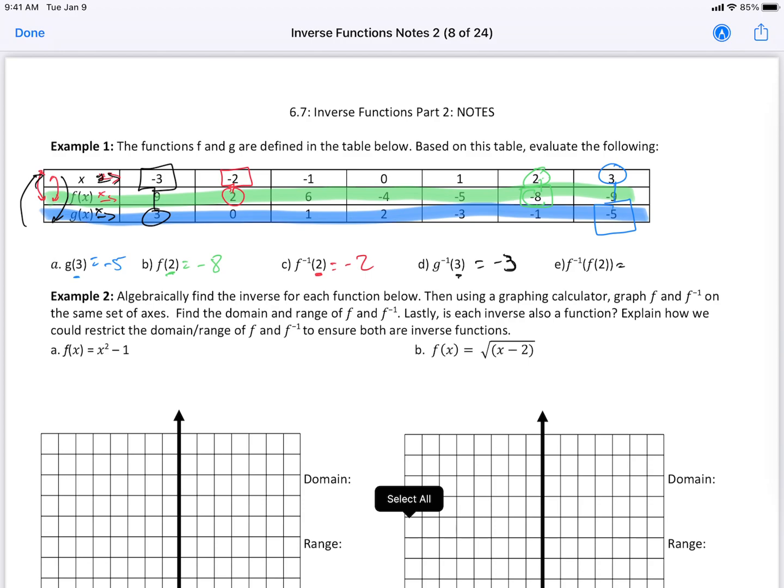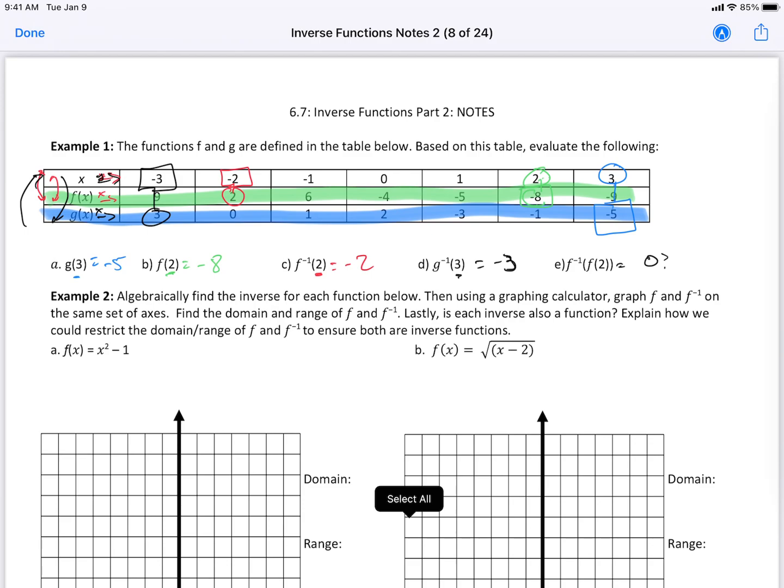And then for E, who wants to wager a guess of what is f inverse of f of 2? This kind of carries with the two ideas. All right. So I hear one guess is 0.